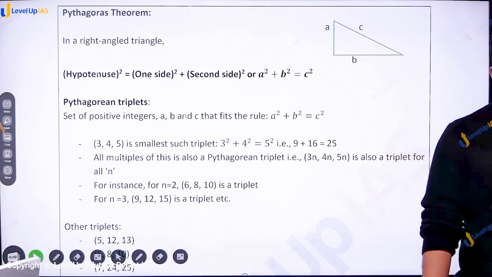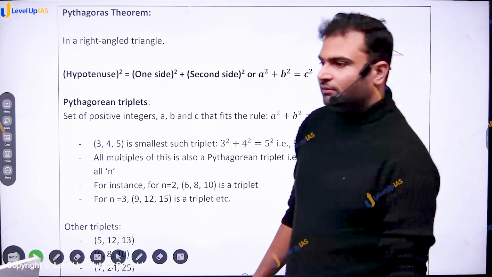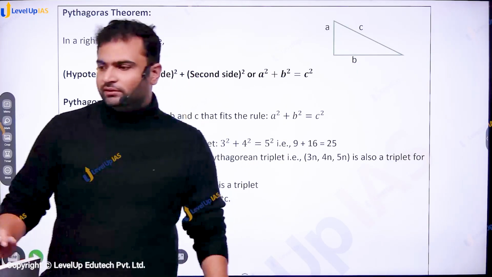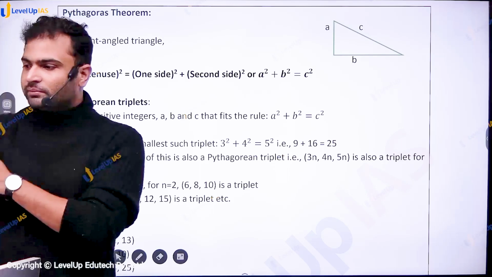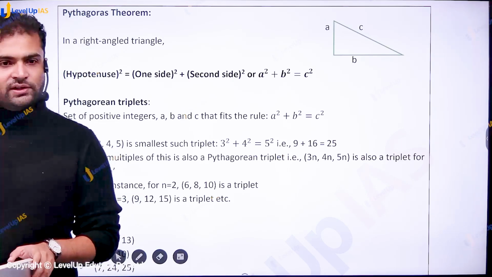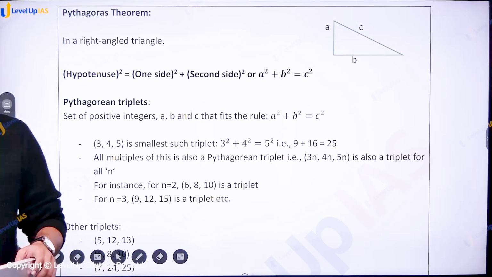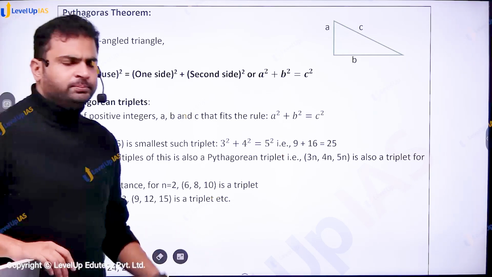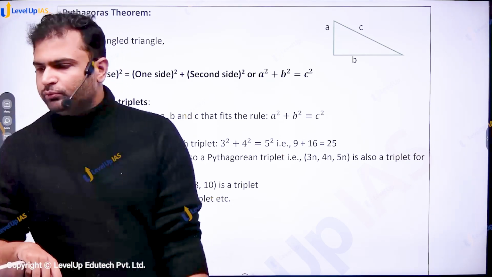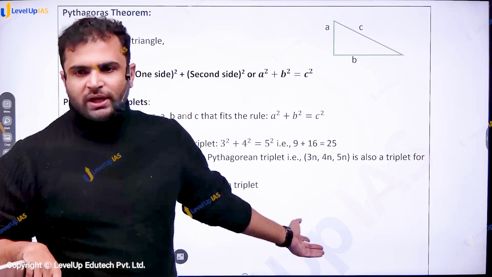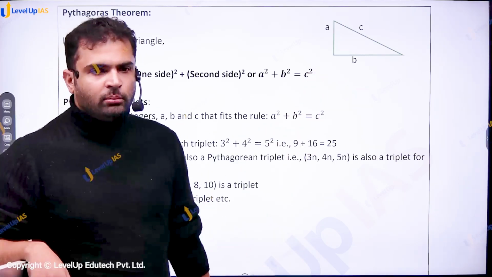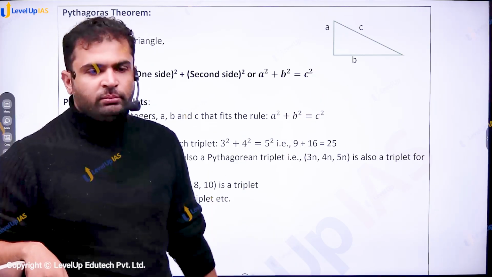Now, the very famous Pythagoras theorem. You should be aware of it. You have studied it in your schools and colleges. It is one of the oldest geometry results known to us. Of course, Pythagoras is credited with this, but it was known in India even before Pythagoras.